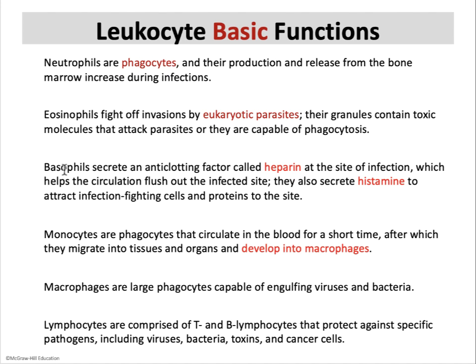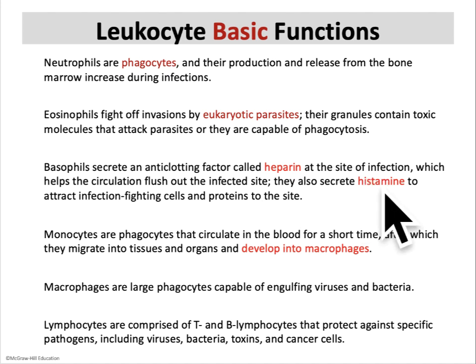They monitor local conditions, and once triggered, they can release a whole host of different chemicals, amongst which is heparin, which is an anti-clotting factor, and that mops up any type of clot after an infection. And they can also release histamine, which is, as we know, a molecule that attracts other cells and can be a problem in allergies.